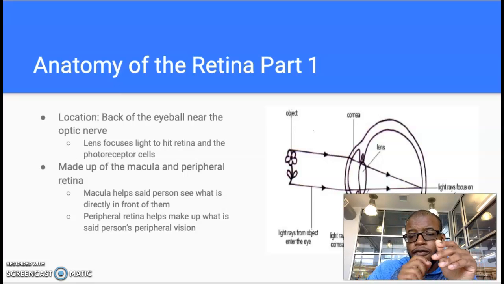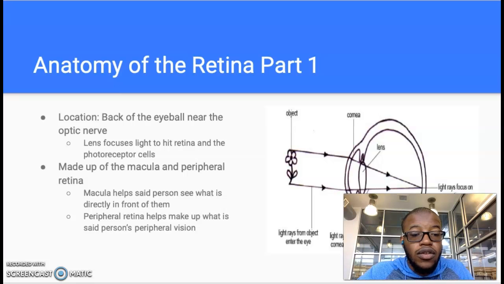This is so it's able to focus on hitting the retina, back of the eye, which will, as I said earlier, then hit the rods and cones. And from there, it will then translate into an image that your brain can recognize.